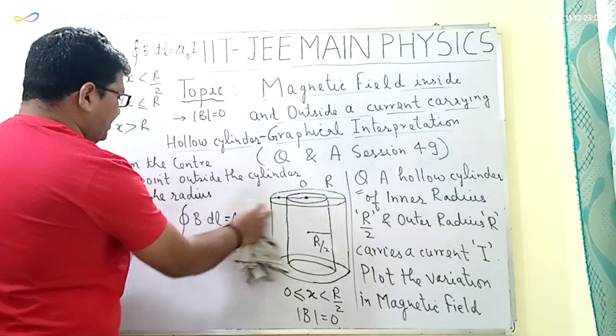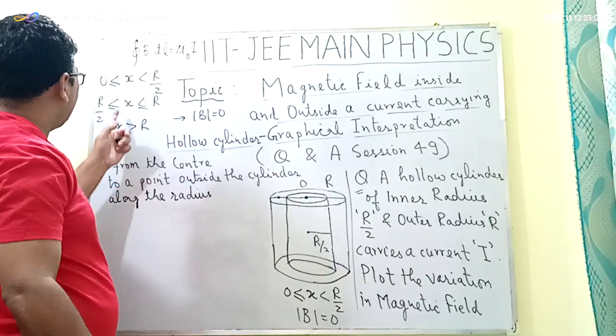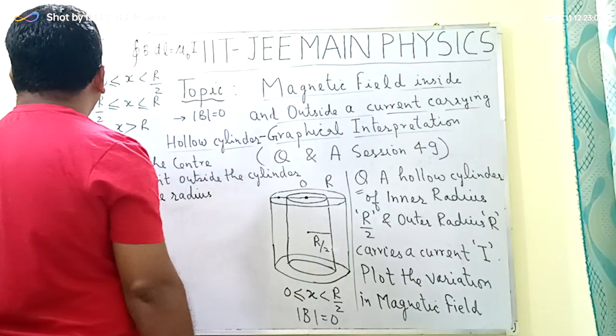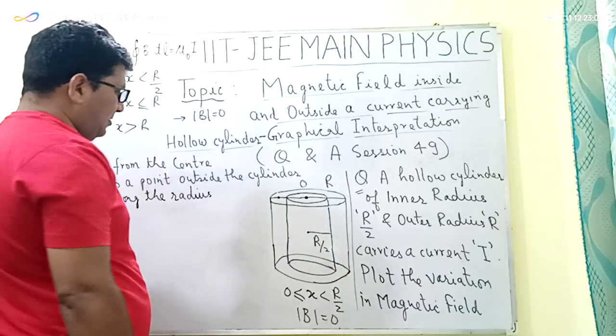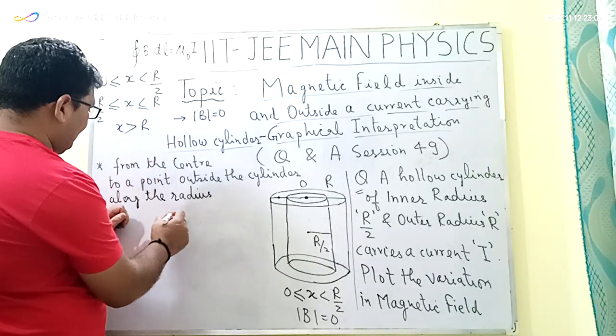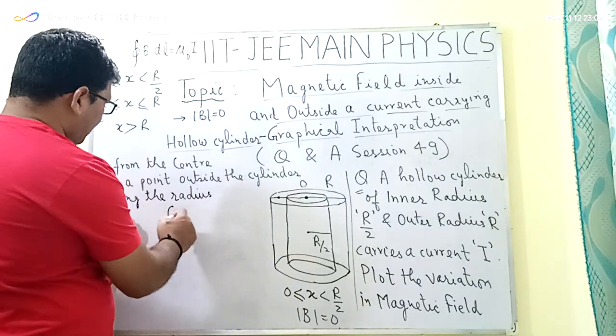Now let us move on to the second case. In the second case, x is greater than equal to r by 2 and less than equal to r. So in the second case, I will be using the Ampere Circuital law again.